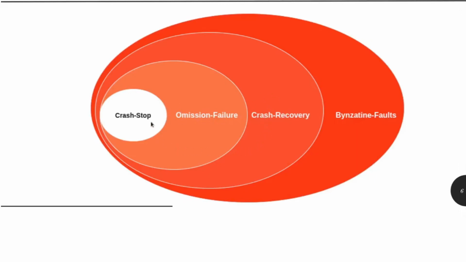He can make some nodes simply crash, or he can make nodes have the inability to send or receive messages, or he could also make nodes work and then crash and recover, crash and recover again. And he can do more. He can create viruses, he can do more damage. So all of these are special types of Byzantine faults. So again, crash stop is a special type of omission failure, and omission failure is a special type of crash recovery, and crash recovery is just a special type of Byzantine faults.